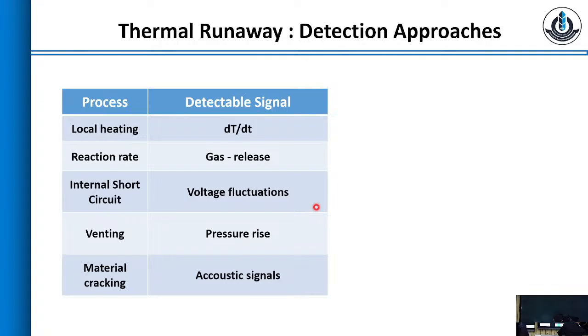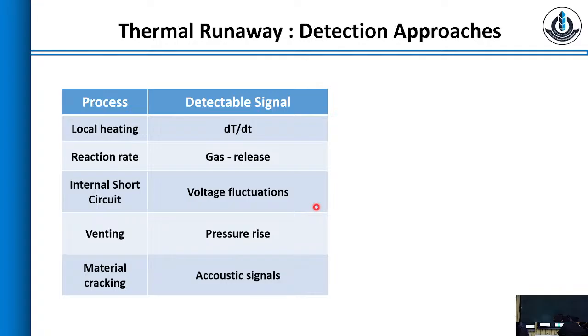If you look at the internal cell pressures and see fluctuations, you can think that some gases are being released. Sometimes you see your battery swelling up. These are all indications that some processes are going on where your battery is losing its performance or its integrity.